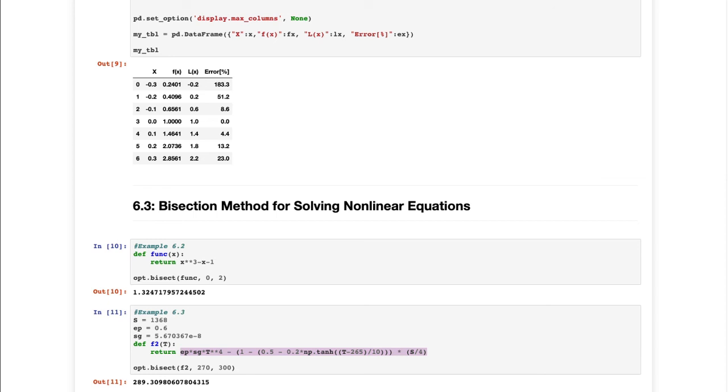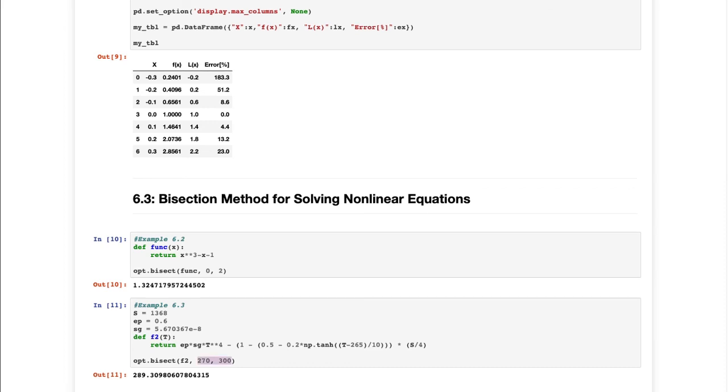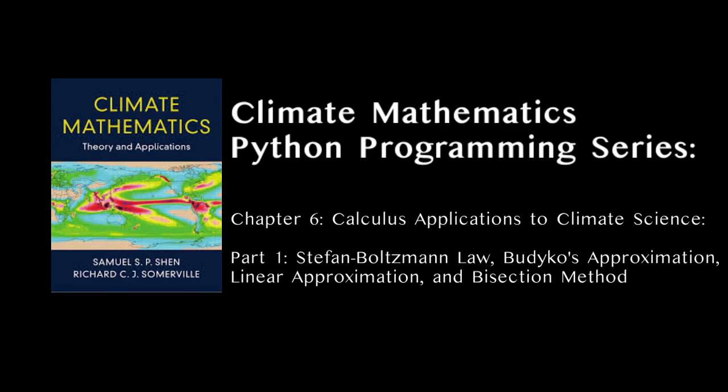Using that optimize bisect function again on our F2 function, we are looking for roots in the bounds 270 to 300. We do receive one root within this range, and that is going to be 289.3089, roughly. This concludes part 1 of Chapter 6, Calculus Applications to Climate Science.